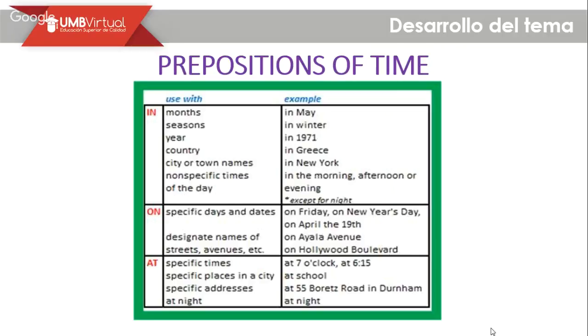Okay, later we have designate names of streets. For example, you can say First Avenue, on the Second Avenue, on the third one.